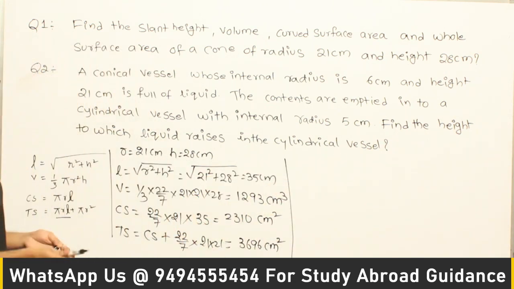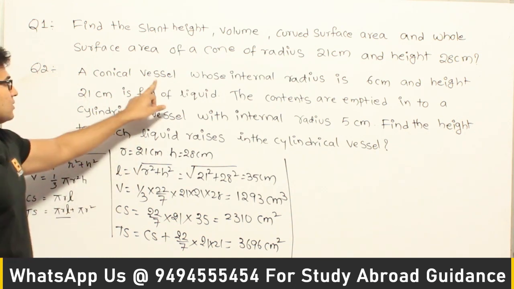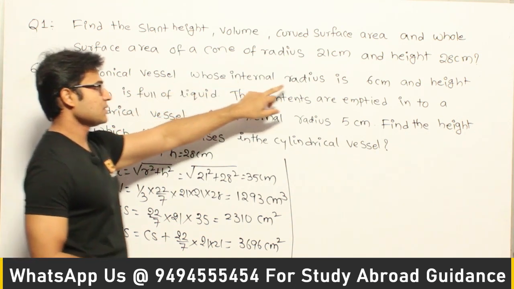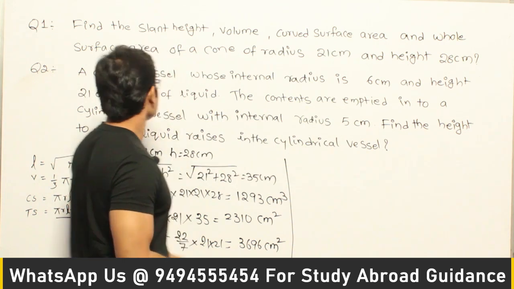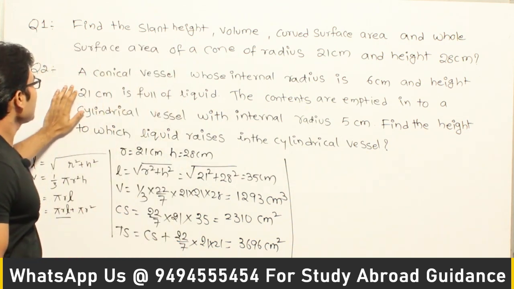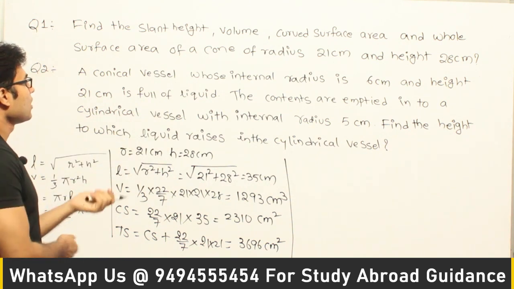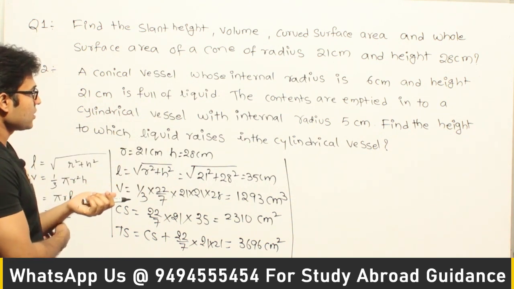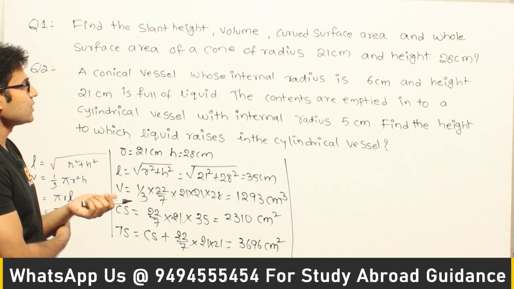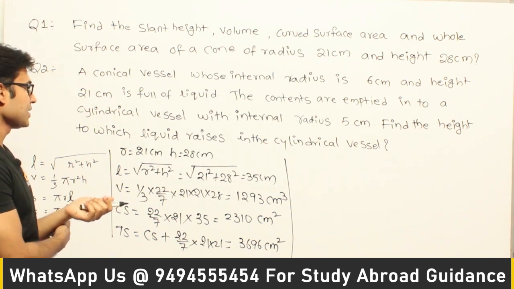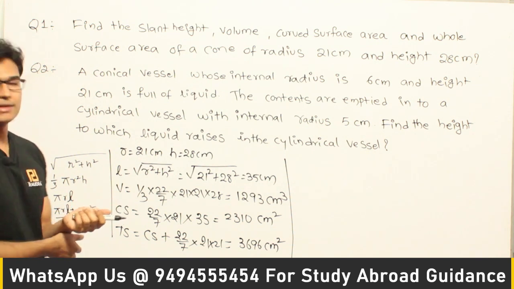And the second one: a conical vessel whose internal radius is 6 centimeters and height 21 centimeters is full of liquid. The contents are emptied into a cylindrical vessel with internal radius 5 centimeters. Find the height to which liquid rises in the cylindrical vessel.